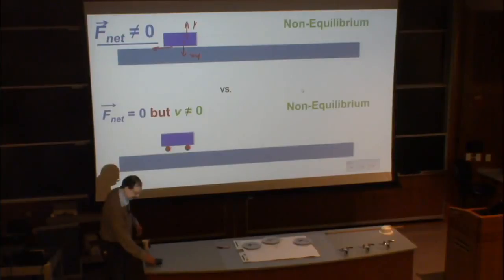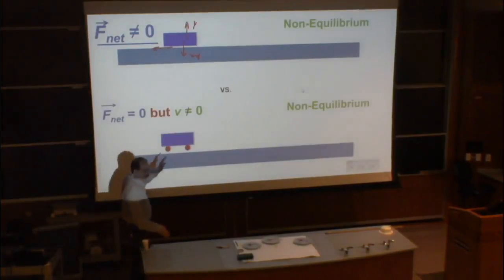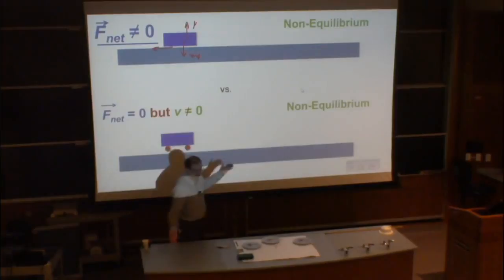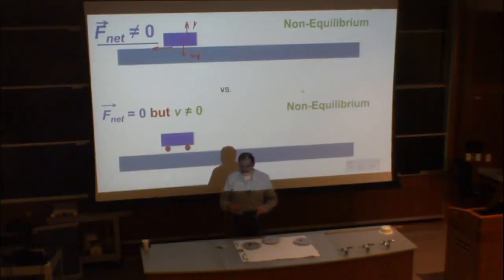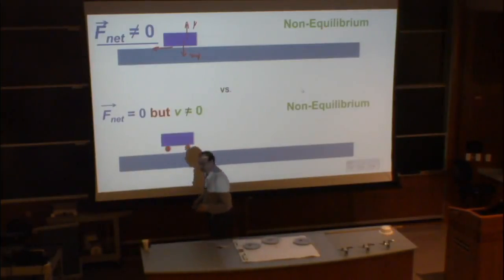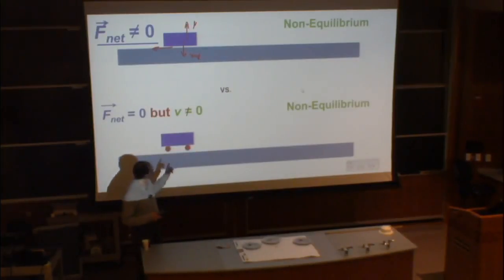With wheels, bearings, in this situation, with a push, it keeps traveling practically with constant velocity until something else starts happening, until another force starts acting on it. In this situation, net force is 0, but velocity is not, so it keeps moving.